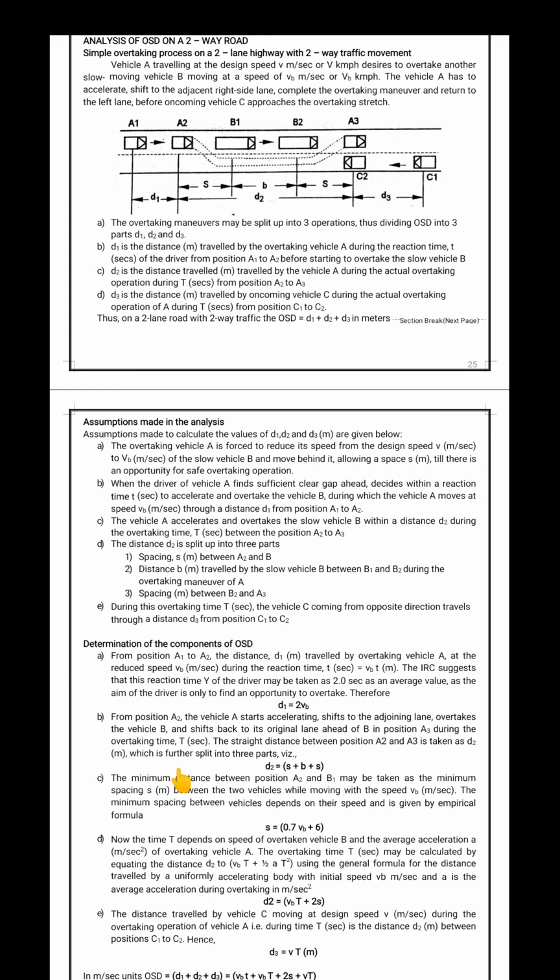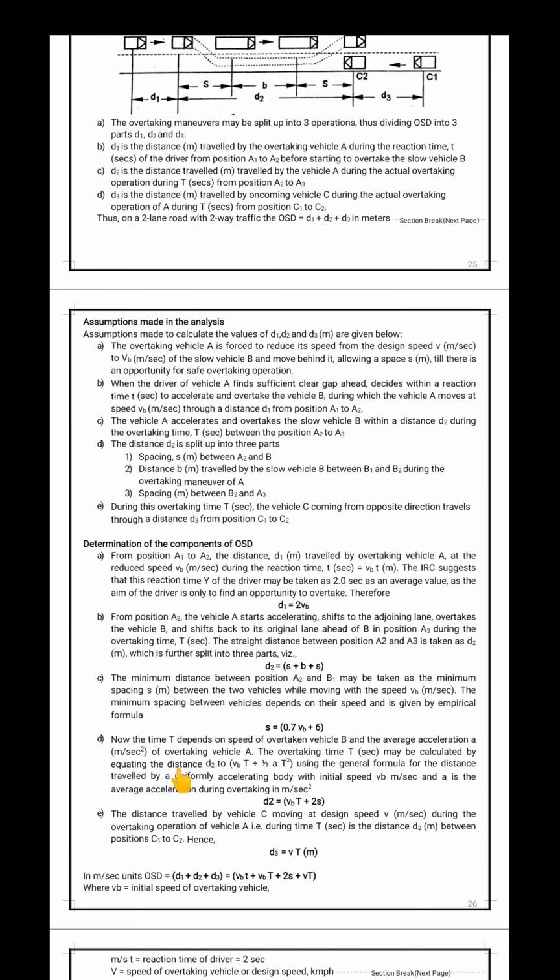Now the time t depends upon the speed of the overtaken vehicle B and the average acceleration of the overtaking vehicle A. The overtaking time t may be calculated by equating vb T plus half a t square. So your vb is what?